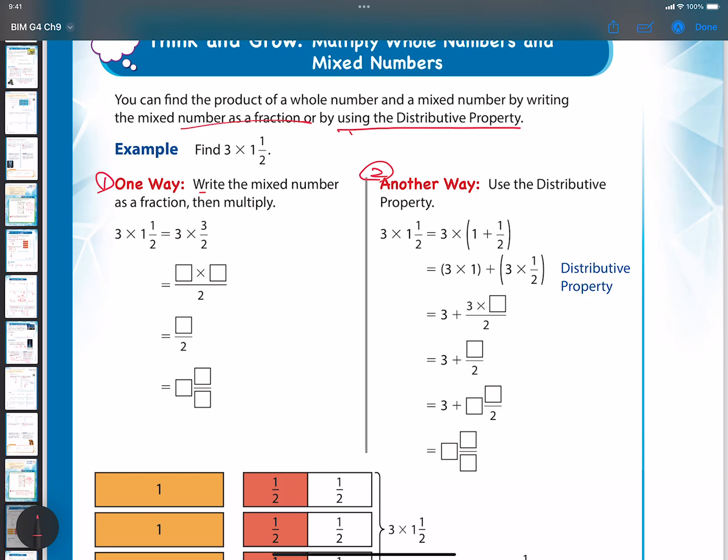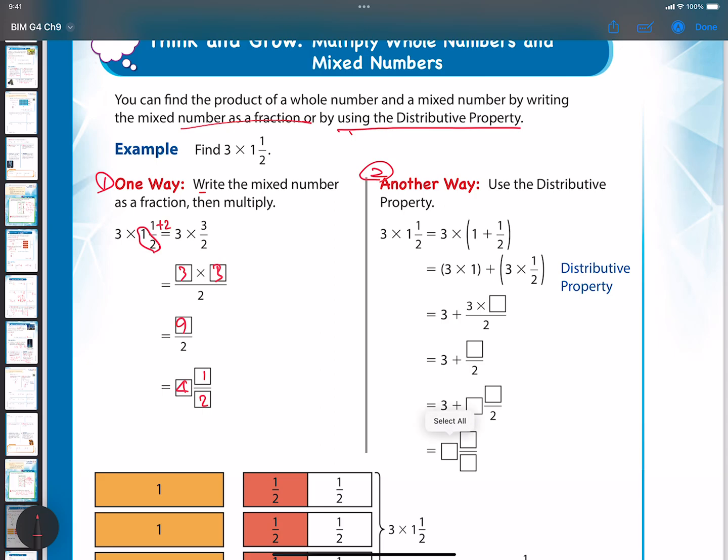Remember, cross multiplication plus the numerator. So 1 times 2 is 2. 2 plus 1 is 3. Times 3. Got you? And then 3 times 3 is 9 over 2. And 2 can fit into 9 four times, and then remainder 1, and the denominator stays the same.